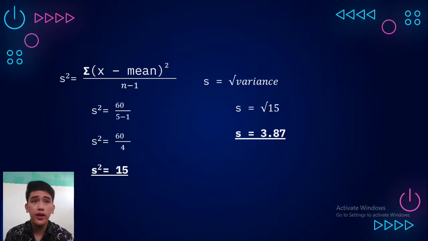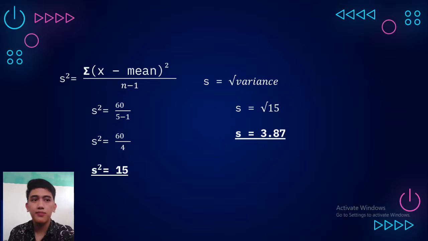So our variance is 15. Next, the standard deviation. To find the standard deviation, ang formula ay the square root of variance. Okay, proceed. S is equal to the square root of 15 is equal to 3.87. Therefore, the standard deviation is equal to 3.87.